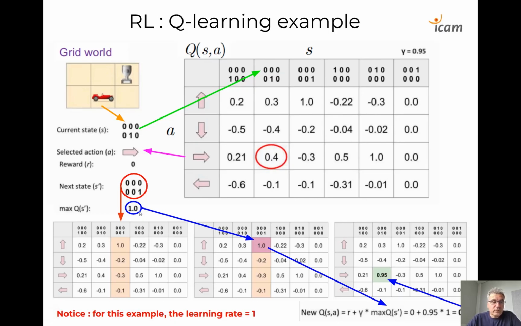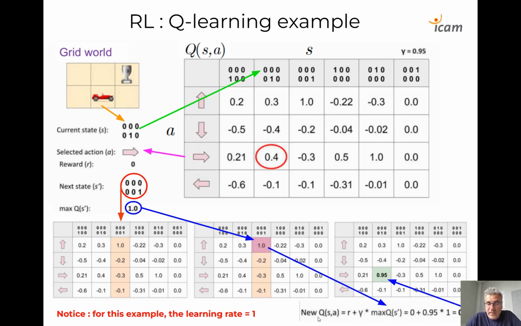So, because the car will be here, we have to look at this column now, because this is the S prime state. On here, the maximum Q value is this one.